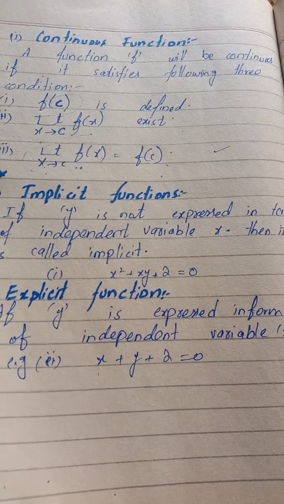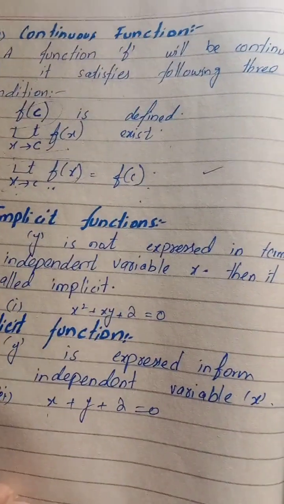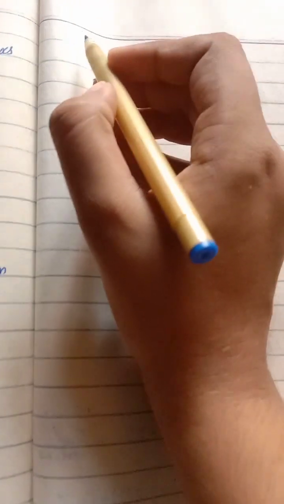Thanks for watching. In the previous video, I already solved a question about finding continuity or discontinuity with respect to limit, and I have already written its definition here. Now I have written a question for all of you to find whether the given function is continuous or not.